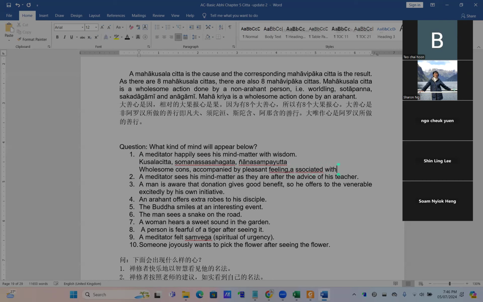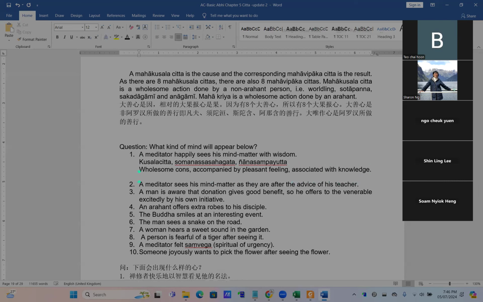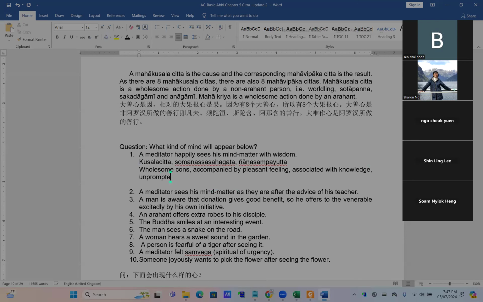Is it difficult? Shilin, is it difficult? Not difficult, right? Okay, now prompted or unprompted? What do you think? Unprompted. Yeah, okay. Unprompted. How do you say unprompted in Pali?